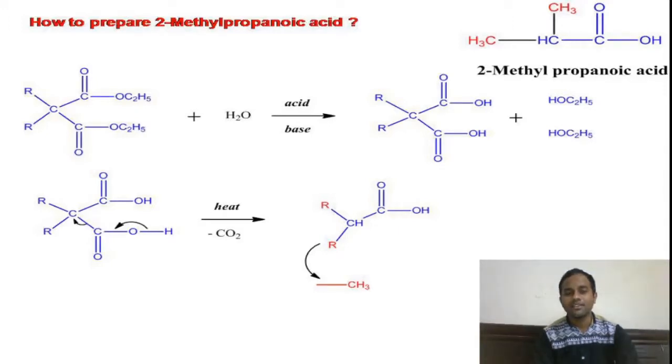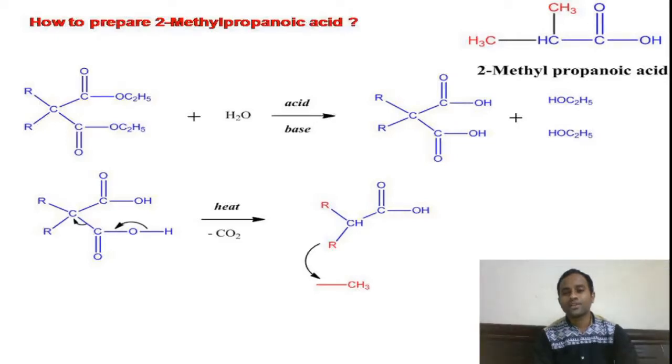That means when we subject this malonic ester to 2 equivalents of base and 2 equivalents of methyl halide, it will undergo methylation twice at the active methylene carbon of the malonic ester to give dimethyl malonic ester as the product, which upon hydrolysis followed by heating will undergo decarboxylation to give 2-methyl-propanoic acid as the product.